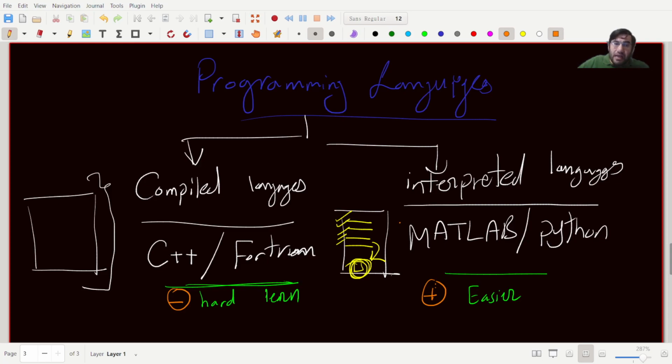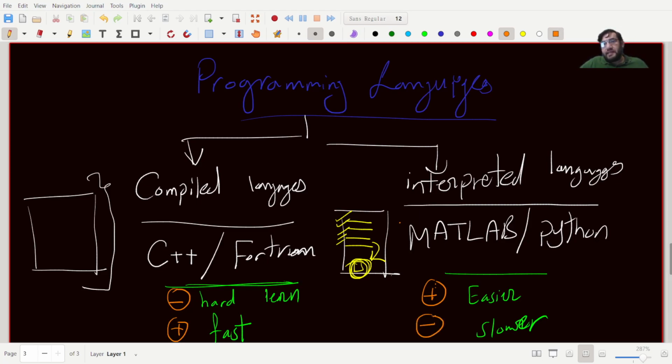But there is another factor. With the compiled languages, the code that you write is usually much faster than with the interpreted languages. That's why in areas of high performance computing, there is a real focus on the compiled languages rather than the interpreted ones, which are usually a little bit slower.